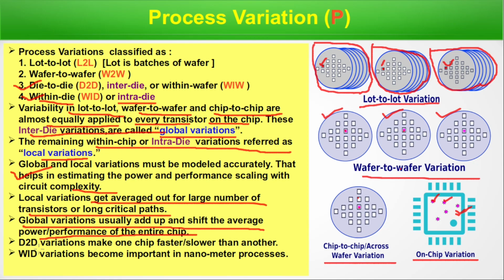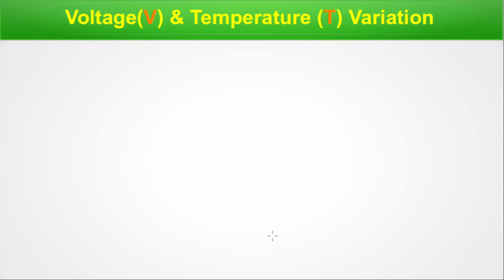Die to die variations make one chip faster or slower than another. Within die or intra die variation becomes important in nanometer processes. So this very local thing is very important for nanometer processes, and die to die variations mean one chip is faster or slower. So we are done with this slide. We will move to the next slide.